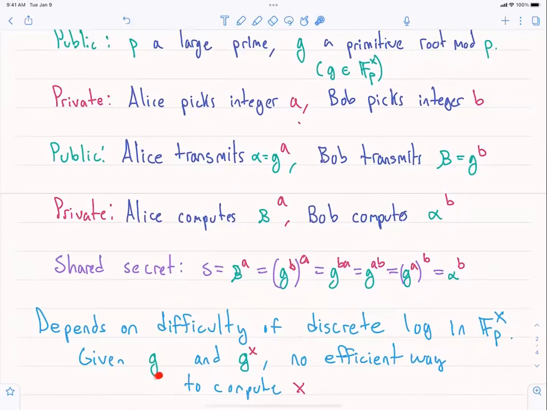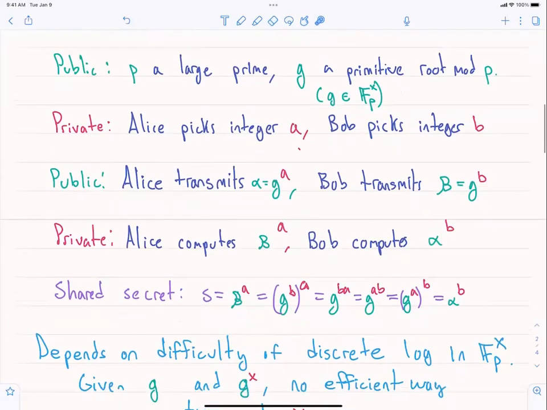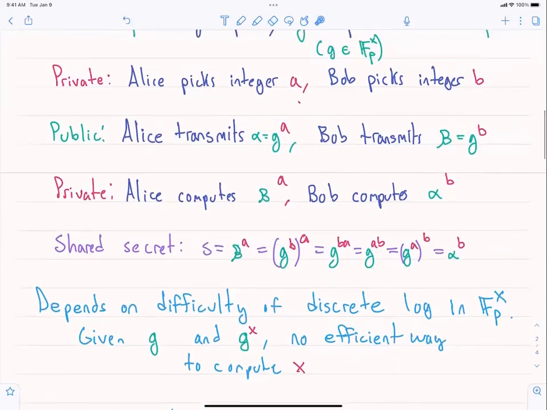Given this primitive root G, and if you know some other number and you know it's some power of G, there's no efficient way to compute what that power is. That X is something in Z mod P minus 1 Z, and there's just no efficient way to compute what that is. So that's how Diffie-Hellman works. It depends on the difficulty of this discrete log.